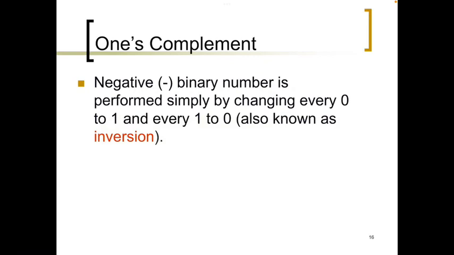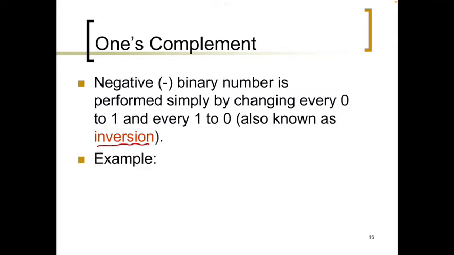What is one's complement? One's complement of a negative binary number is performed simply by changing every 0 to 1 and every 1 to 0. This is also known as inversion. So every 0 to 1, 1 to 0.